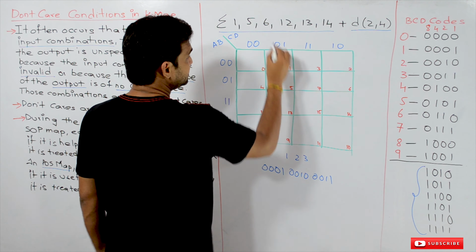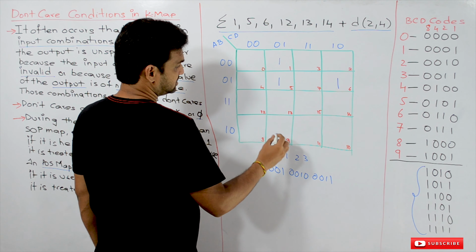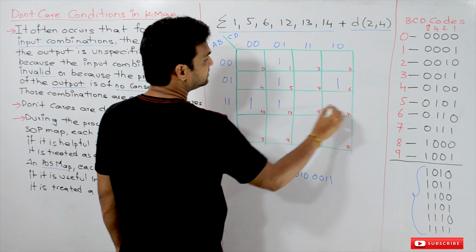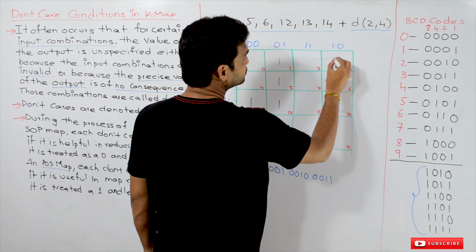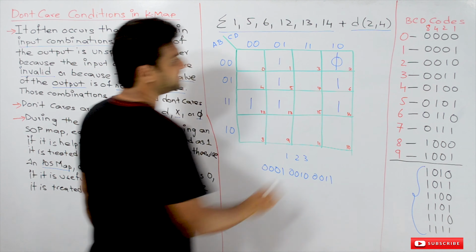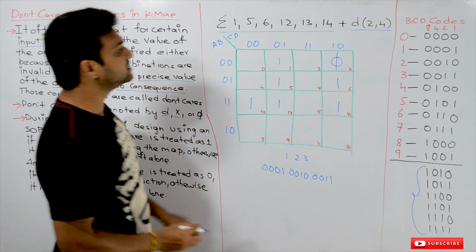Here we have 1, 5, 6, 12, 13, 14, and the don't cares are 2 and 4. The don't cares are represented by this symbol; you can use any symbol.